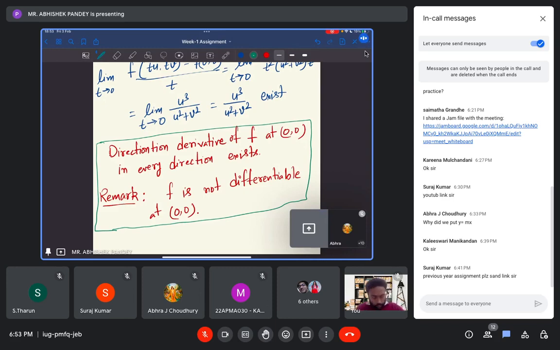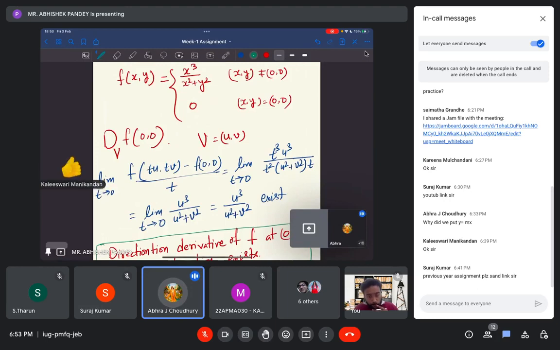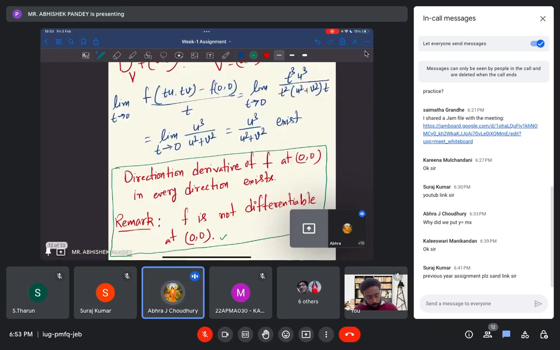Okay, this f is not differentiable at 0 comma 0, this we will see in the next class. Is it clear to you? Yes, sir. Okay. So how did we understand that the directional derivative exists in every direction?